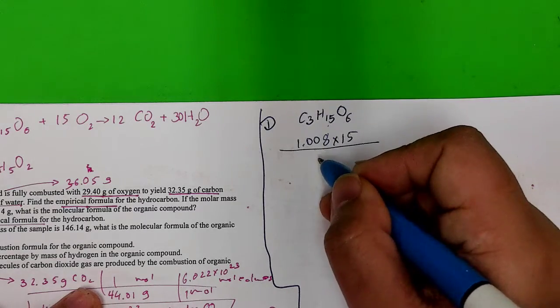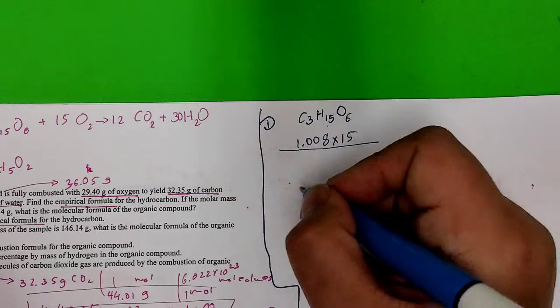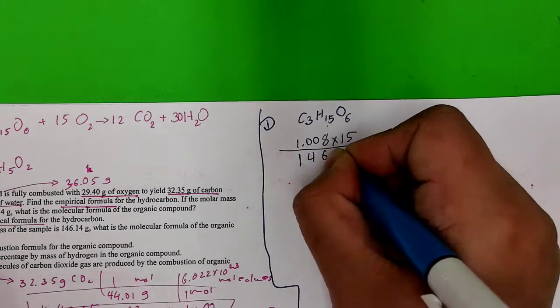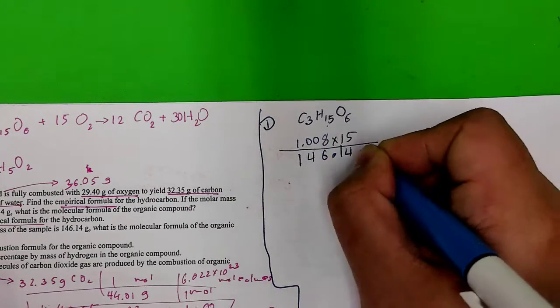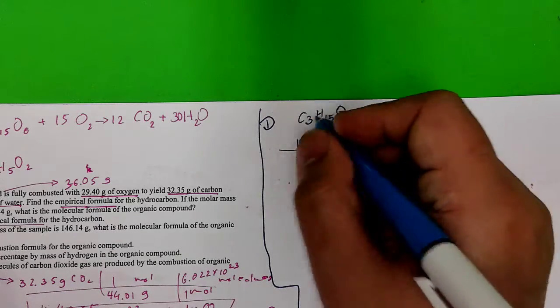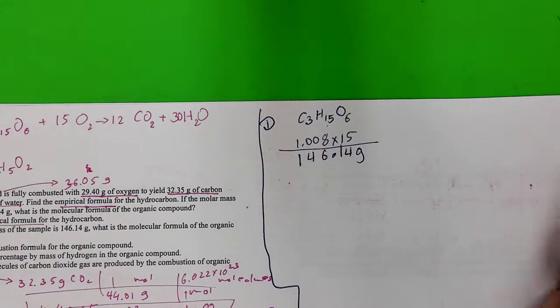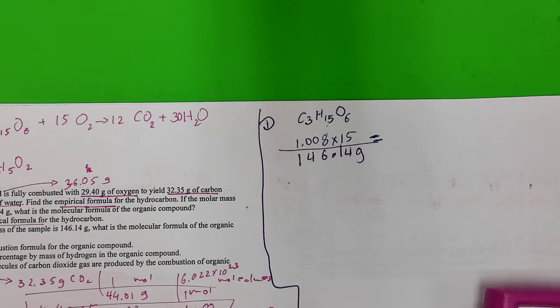you can go and find it, or you can go ahead and use the molar mass that they give to you, which is 146.14 gram. That is the molar mass of the whole thing, C3H15O6. Okay, that will give you, let me see, 1.008 times 15 divided by 146.14.